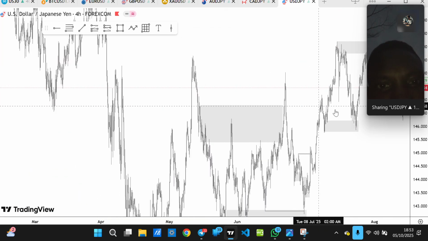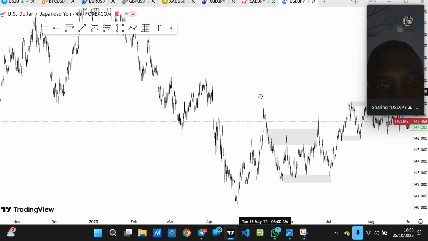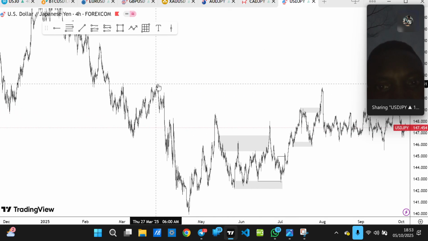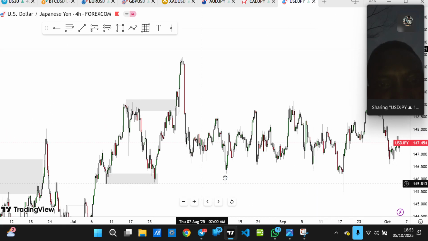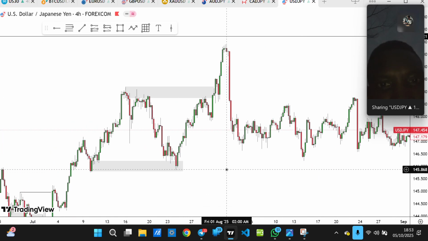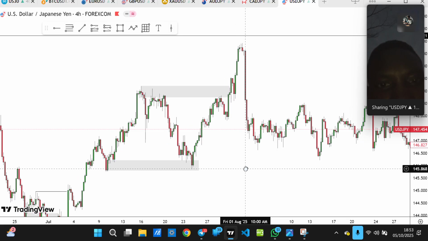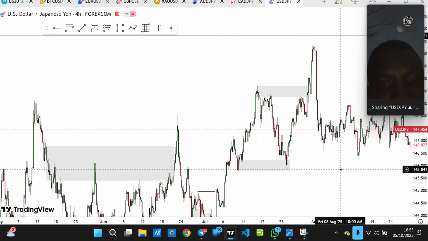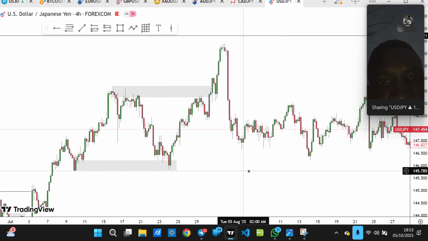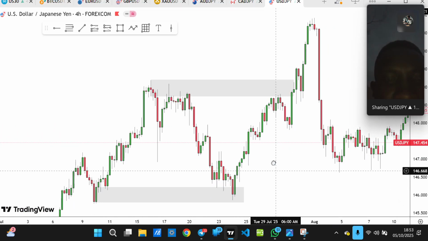higher than this. So the next objective will be this one. So we keep on going higher and higher now. Okay. So the next objective will be that. Where are we? Okay, taking out this high. So the next thing we will expect now is that maybe price will come for that or that one.